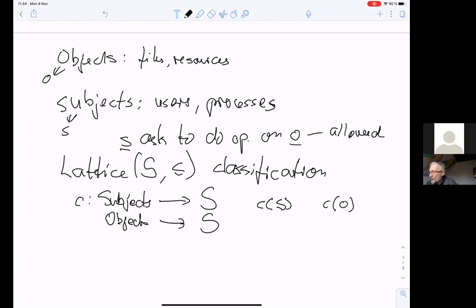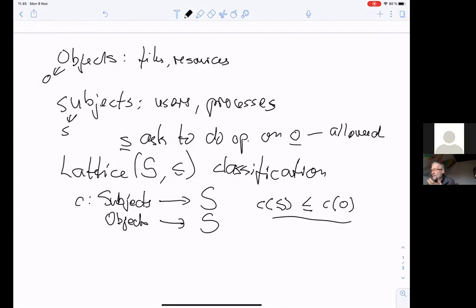And then because I have now mapped myself into the lattice, I can ask, for instance, is the classification of the subject less than or equal or greater than or equal to the classification of the object, or maybe there is no comparison between the two in my lattice. But the point is that, based on the result of this comparison, I can take a decision on whether I want to allow this operation or not.